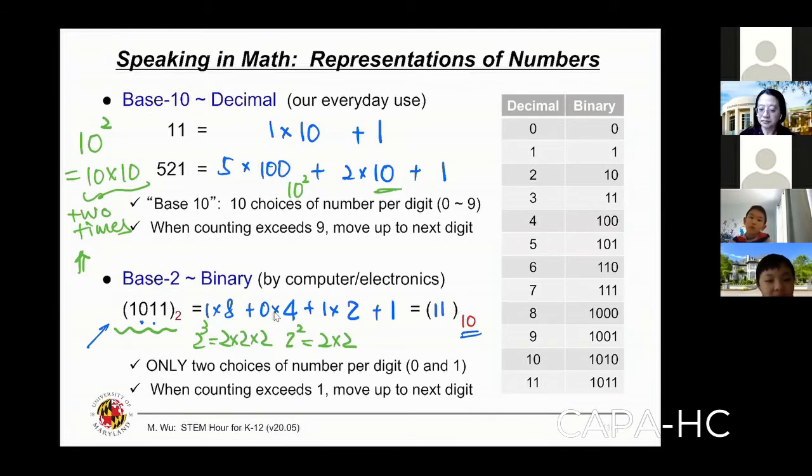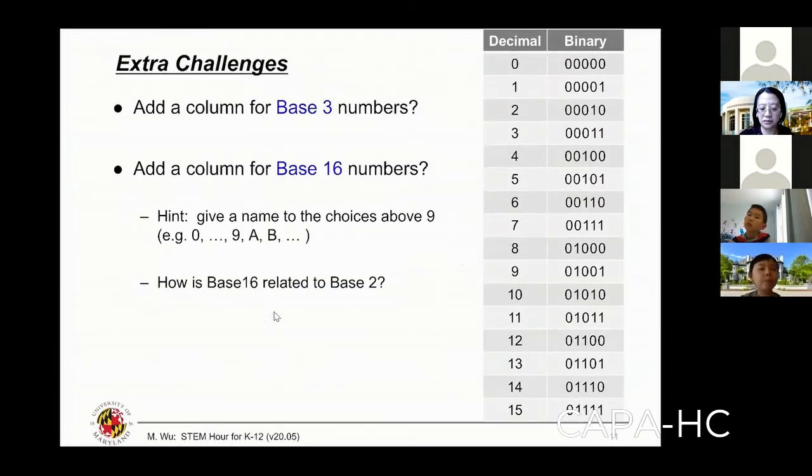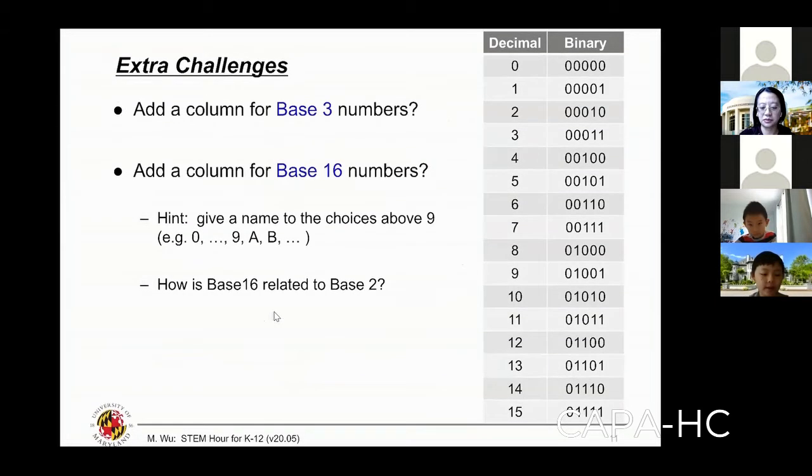Now, let's see how large a binary number we will be able to represent. Before I move on to show you some bigger numbers that will be made up by just 1s and 0s, I have some extra challenges for middle school and high school students to take note of.